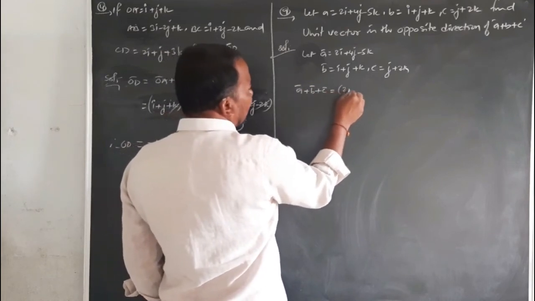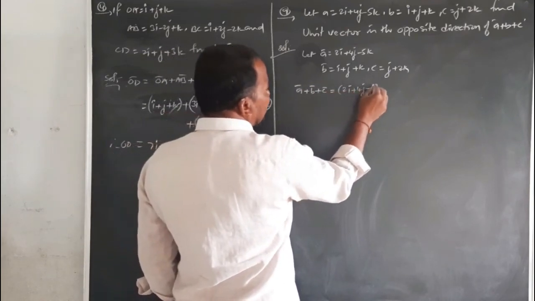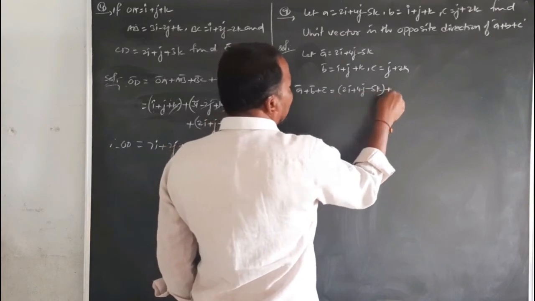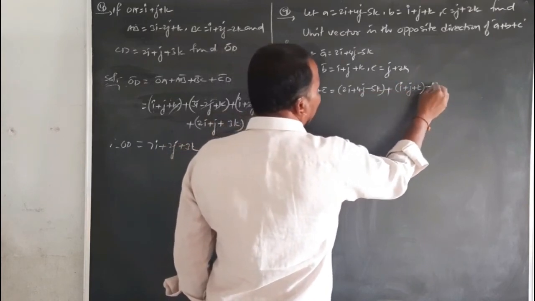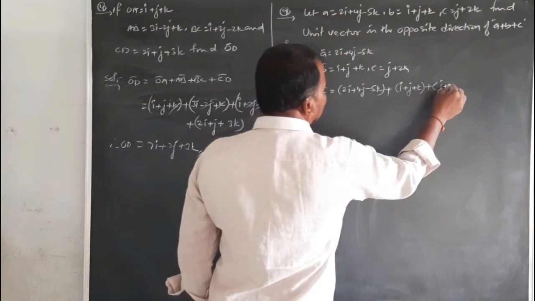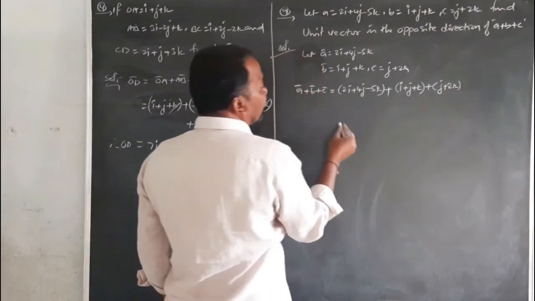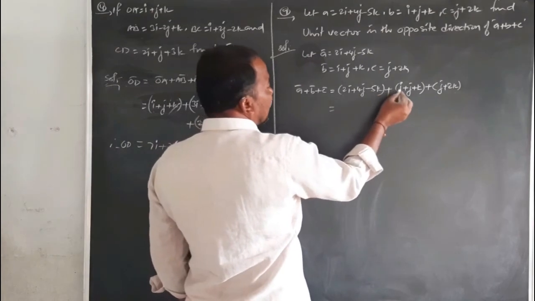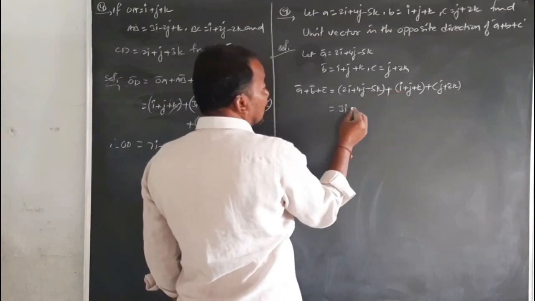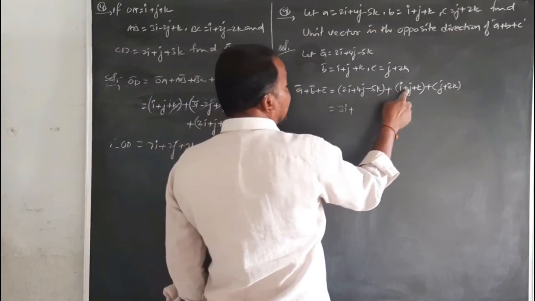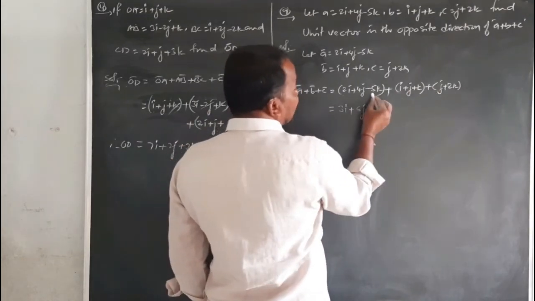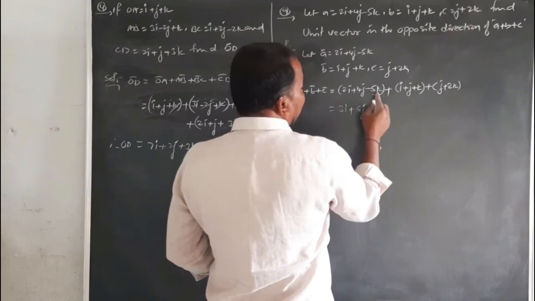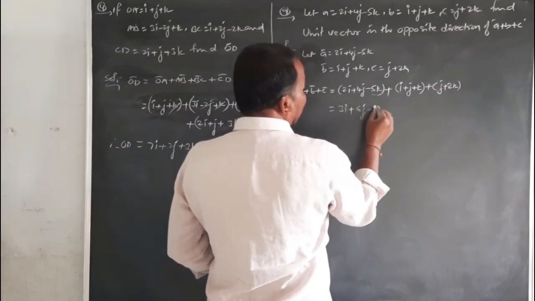A 2i plus 4j minus 5k, B i plus j plus k, C j plus 2k. 2i plus i is 3i, 4j plus j is 5j plus j is 6j, minus 5k plus k is minus 4k plus 2k is minus 2k.